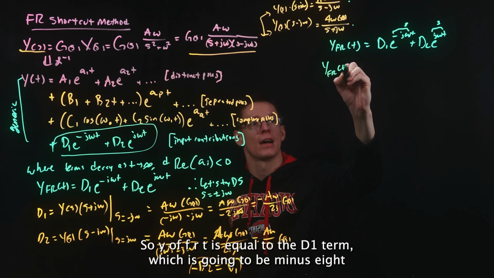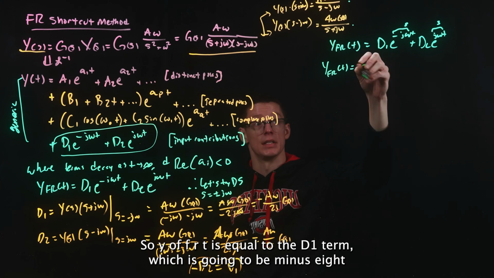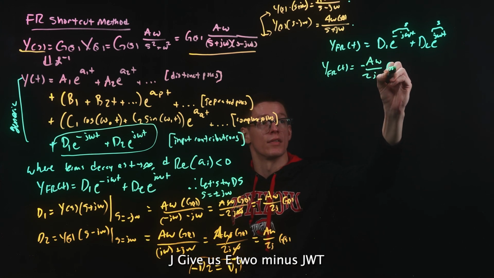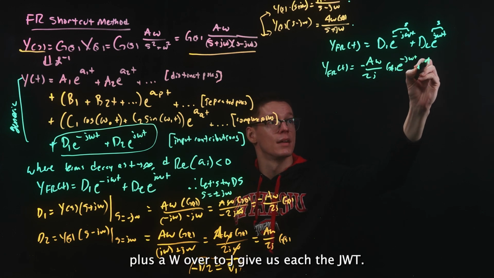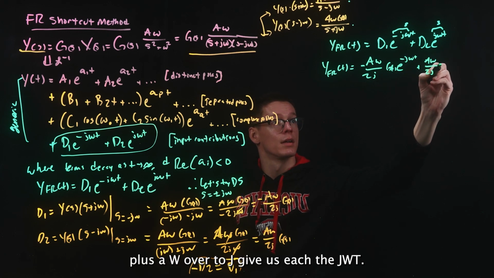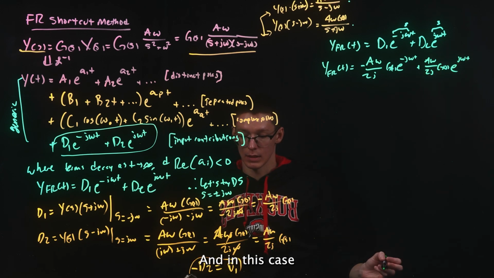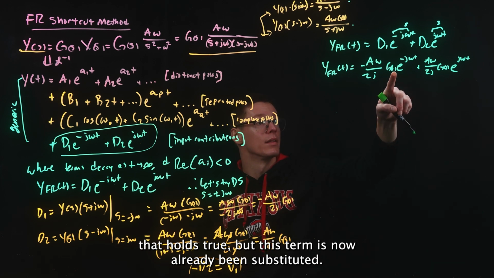So y of t is equal to the d1 term, which is going to be minus AW over 2J G of S e to the minus JWT plus AW over 2J G of S e to the JWT. And in this case, that holds true. But this S term has now already been substituted.